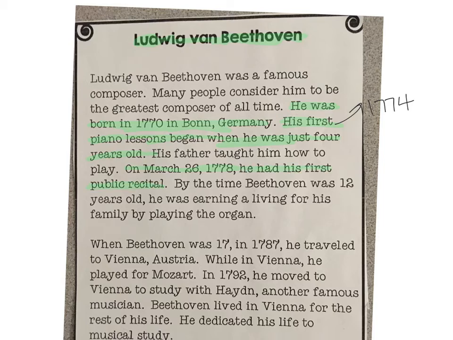By the time Beethoven was 12 years old, or 1782, he was earning a living for his family by playing the organ.